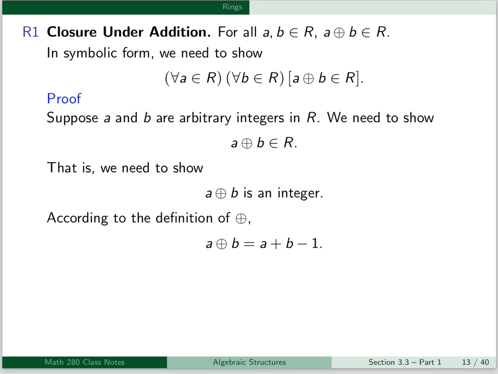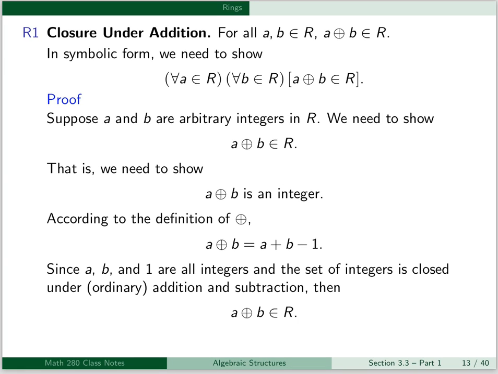Now according to the definition of our circle plus, a circle plus b is a plus b minus 1. Now since a, b, and 1 are all integers, and the set of integers is closed under ordinary addition and subtraction, then we can conclude that a circle plus b is in fact in R.